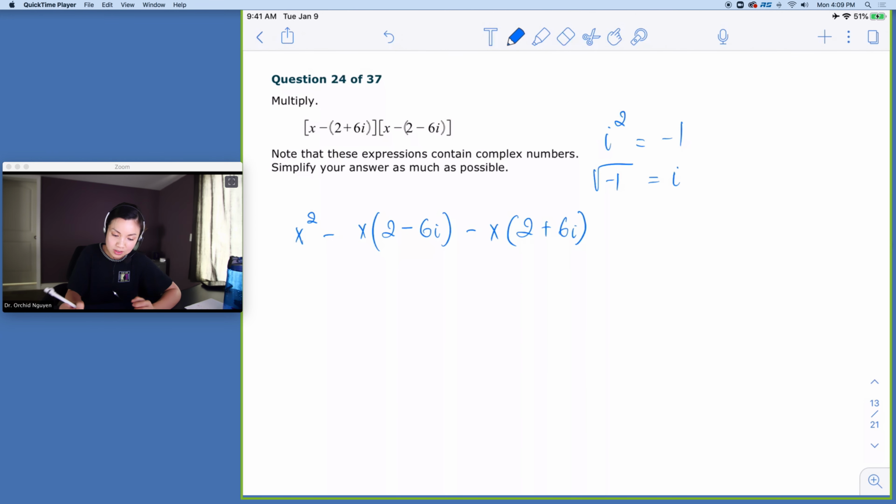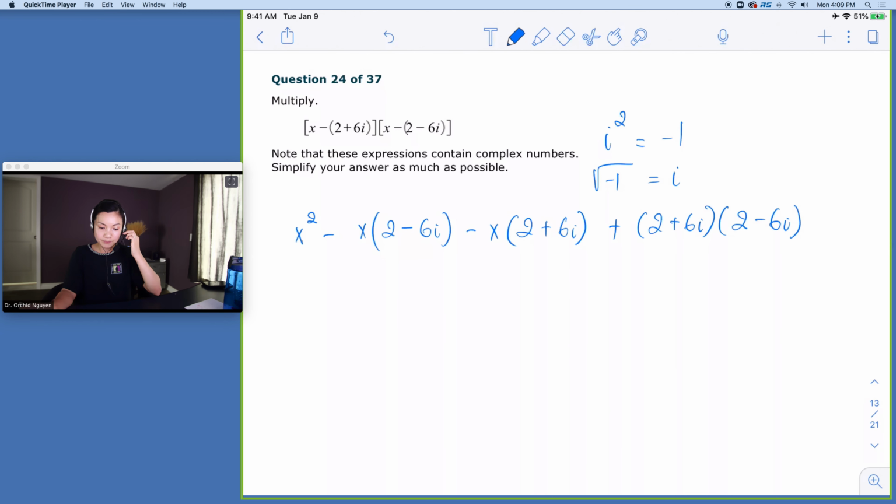I have to do it slowly because I don't want to make a mistake. Plus 2 plus 6i times 2 minus 6i. Okay. So what we have right here, you see that we have the conjugate. I'm just going to simplify something first.